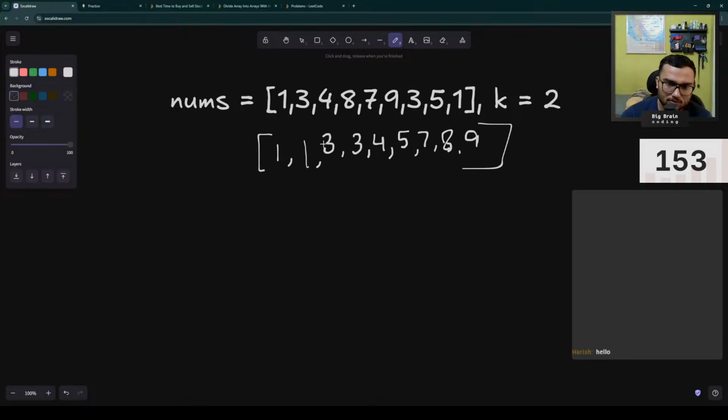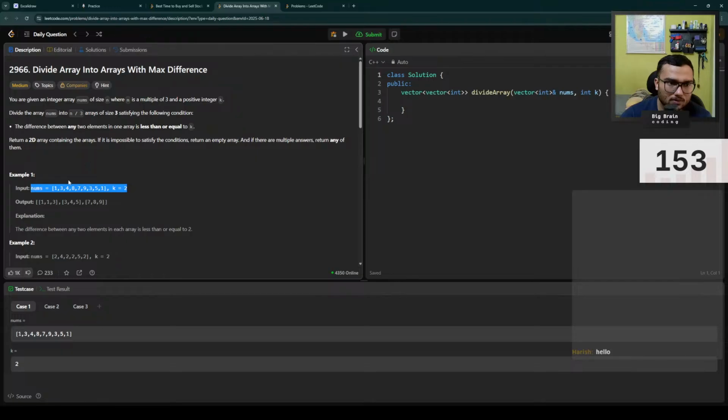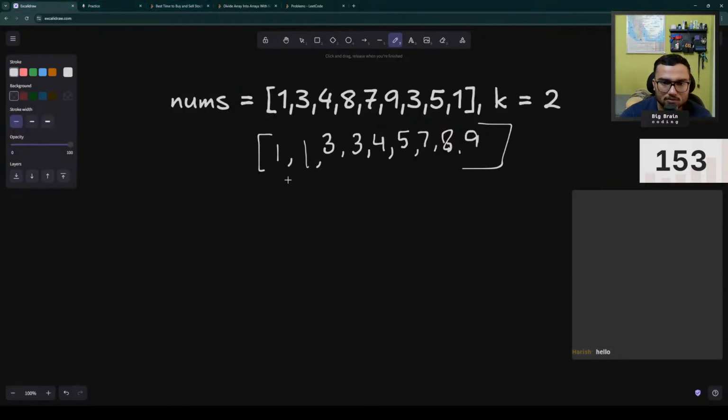K is 2. So, less than or equal to k. If I just divide in this way, it satisfies the condition, right? Because 3 minus 1 is 2, which is less than or equal to k. This is also true. This is also true.